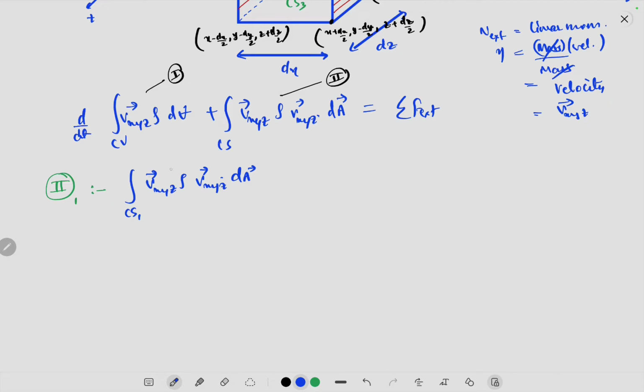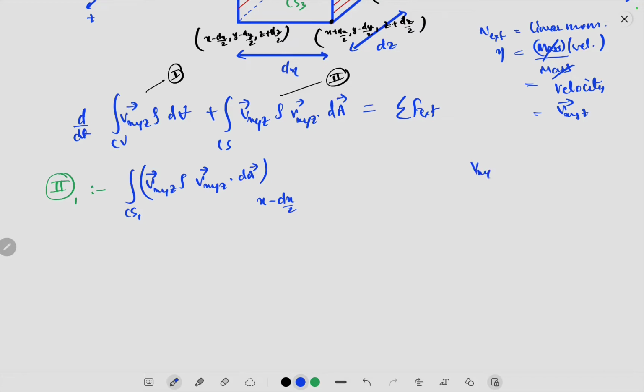Since at CS1 my x is x minus dx by 2, these terms should be evaluated at a fixed x minus dx by 2.